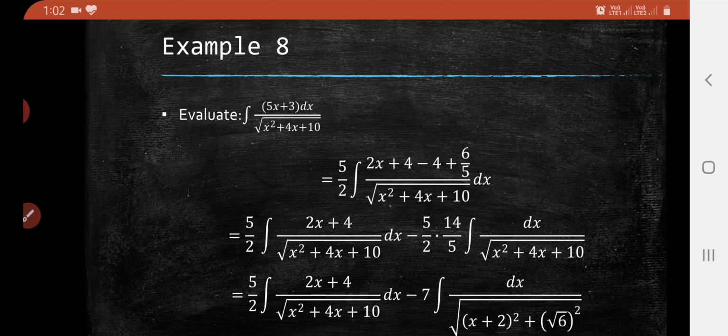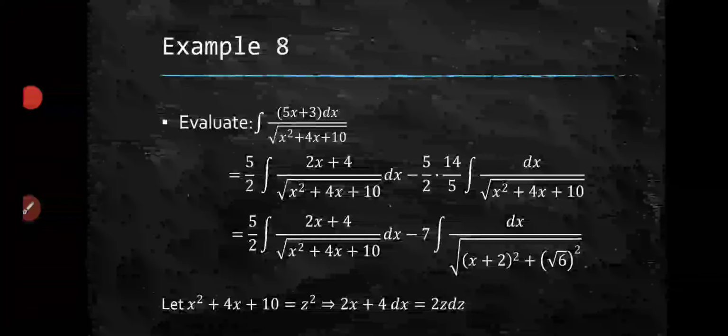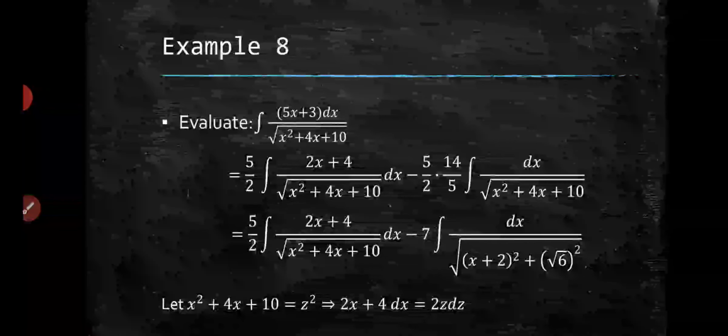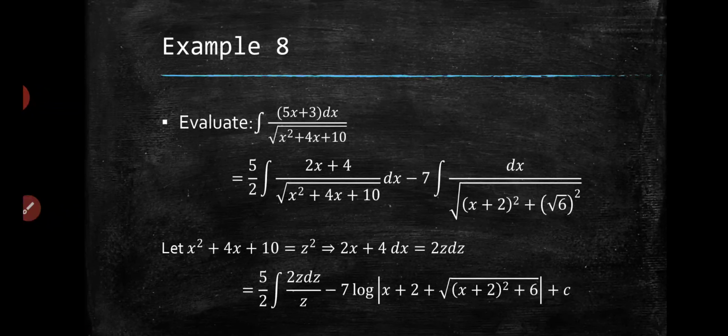Then for the first integral, let me consider x square plus 4x plus 10 as z square. Then definitely 2x plus 4 dx becomes 2z dz, and we will put it inside the integral. So if I put it, this is what happens. A lot of things get cancelled, and the second integral we have already done, and this is what the integration comes out to be.